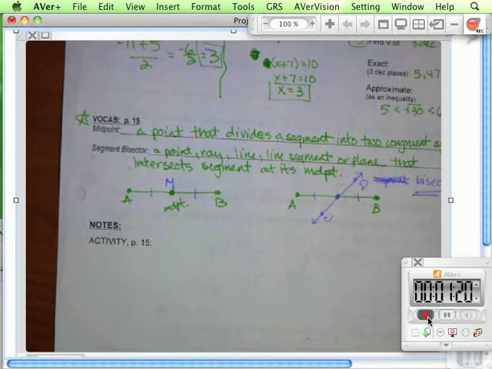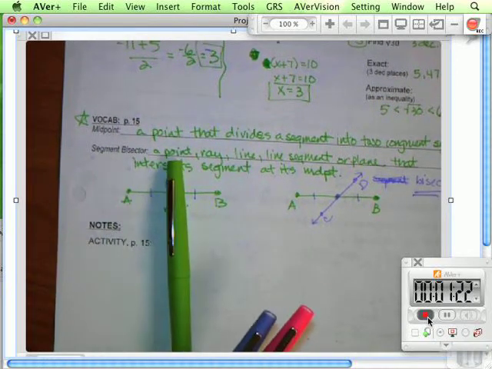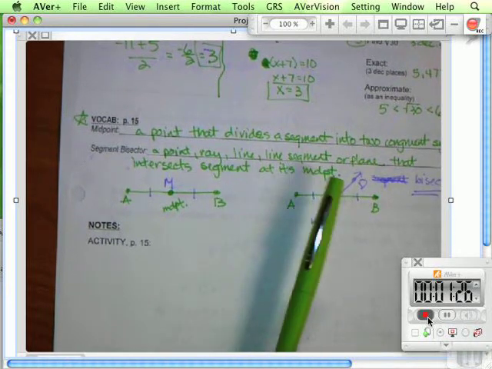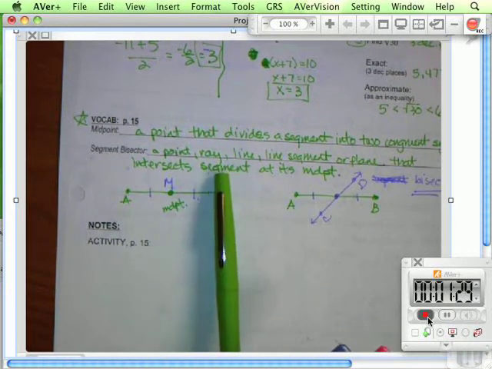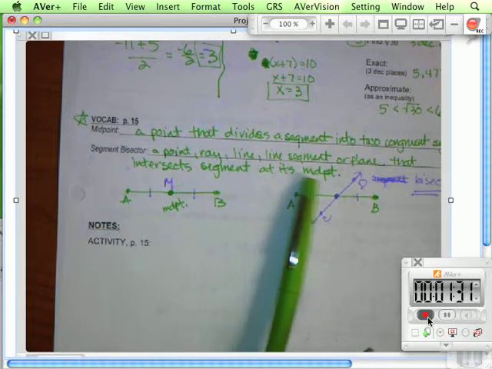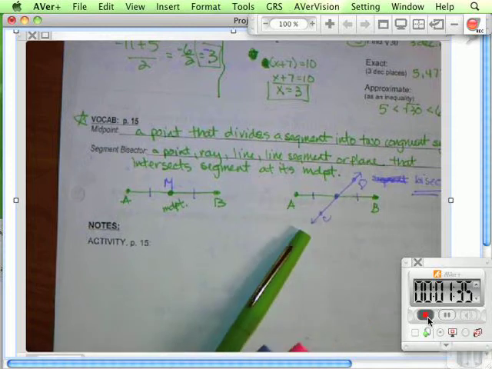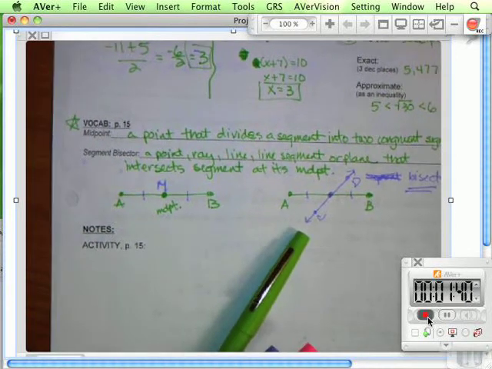Okay? Segment bisector is a point, a ray, a line segment, or a plane that intersects the segment at its midpoint. So for example, we have segment AB and it's being intersected by a line CD, at its midpoint.